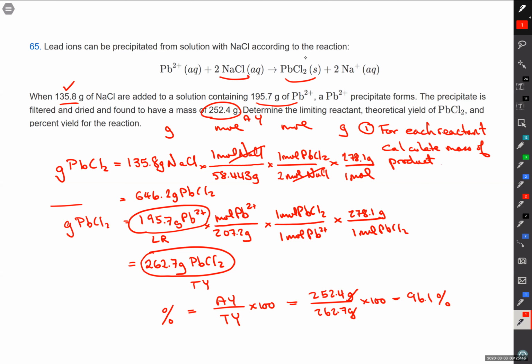Then they do the mole conversion, and they say moles of lead chloride, that's what they're looking for, and then divide by whatever they started with. So this is the mole ratio to get the moles of lead chloride. The last step is to convert it over to grams, so they look up their molar masses and multiply by the molar mass. And this is going to be exactly the same because this part's the same.